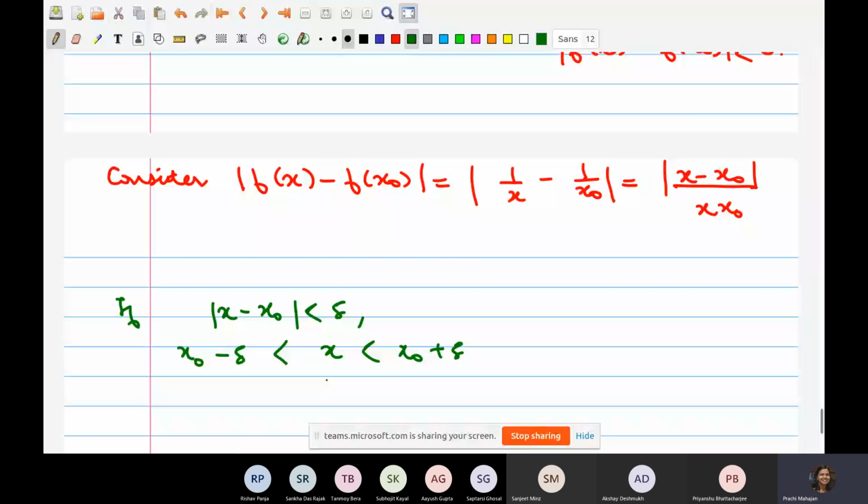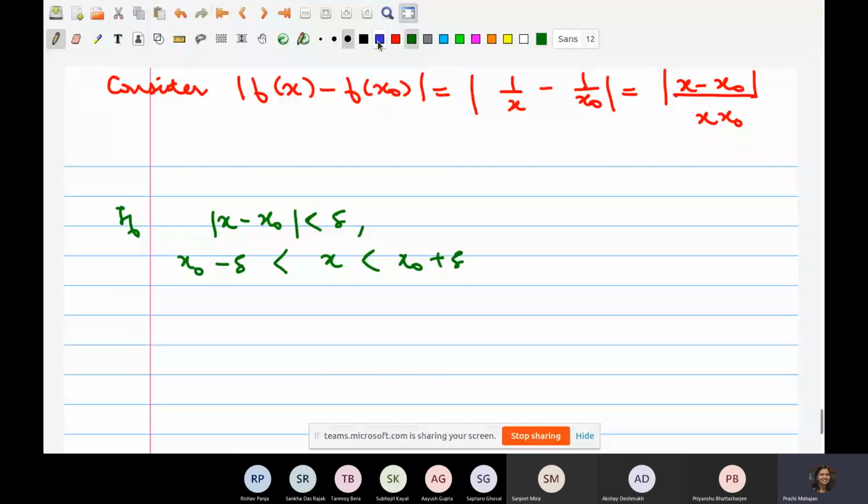So I suggest that let's take delta to be less than x naught by 2. See, why do I do this? If I take delta to be less than x naught by 2, I will get this here. I have an inequality here.